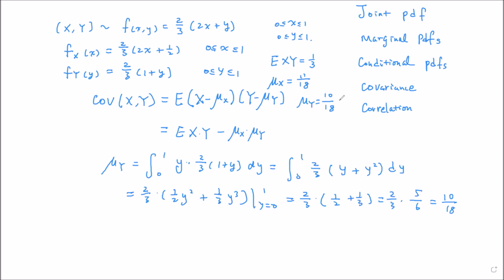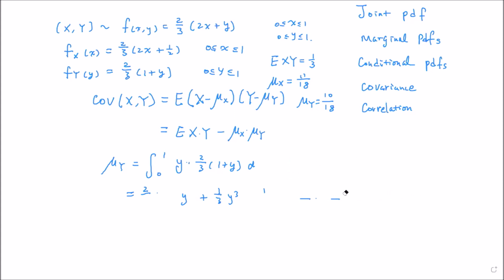Okay, now we find the covariance. Covariance equals the expectation of x times y, which is 1/3, minus 11/18 times, let's do 5/9. What is that?